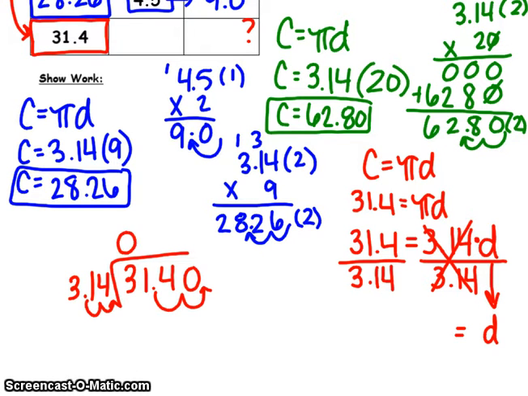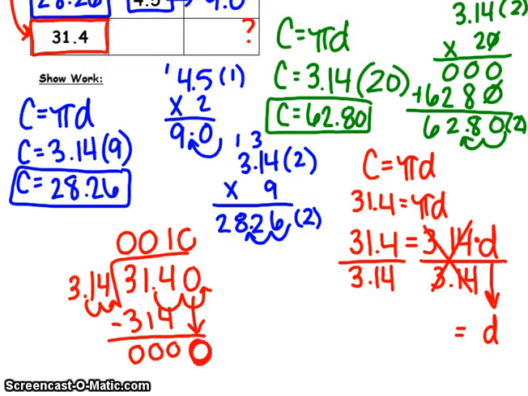I know 314 doesn't go into 31. 314 goes into 314 one time. 4 minus 4 is 0, 1 minus 1 is 0, and 3 minus 3 is 0. But I've got to bring down this 0 here. Don't forget that 0. 314 goes into 0 times. So I have my diameter is equal to 10.